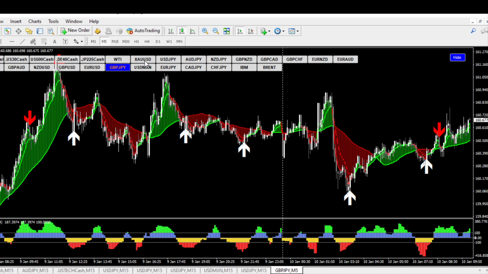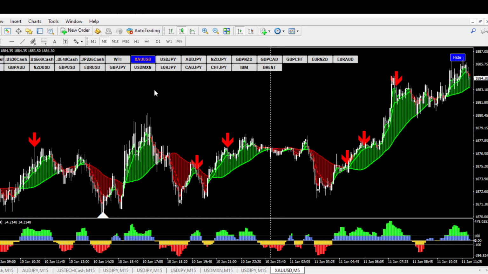Let's check gold and see. This is gold on 5 minutes. It's a bit okay on 5 minutes for gold once you have all the indicators in agreement at this particular point. Another disadvantage about this arrow indicator is in some cases you might not see it.